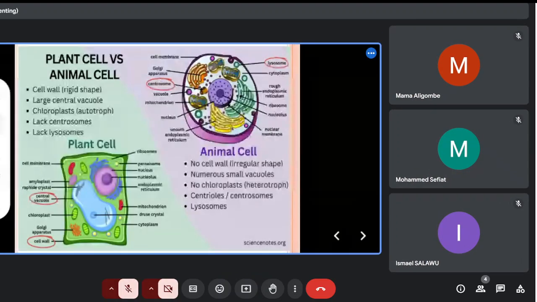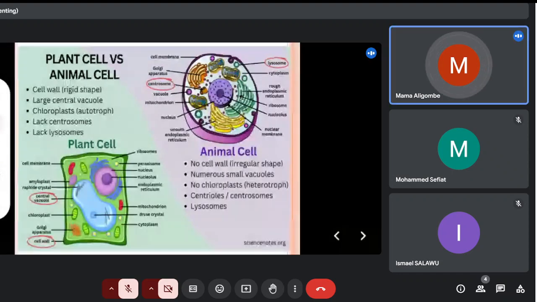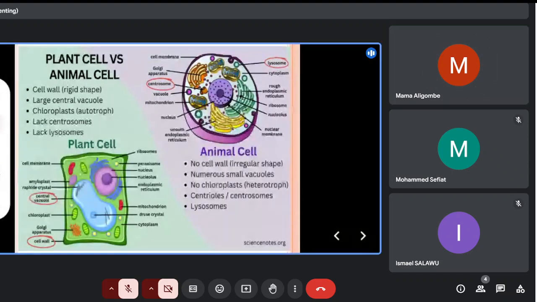Mariam. Yes, ma. So while chloroplast is present in plant cells, we do not have it in animal cells. That is another major difference between plant and animal cells.